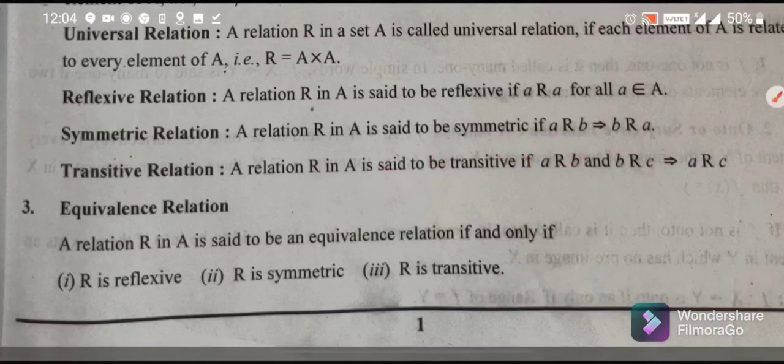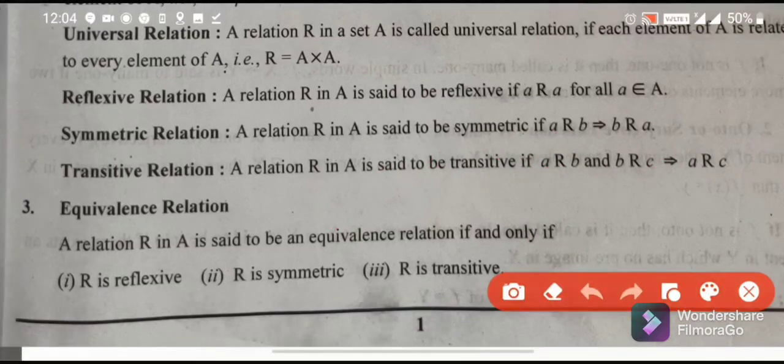And next is equivalence relation, very important. A relation R in A is said to be an equivalence relation if and only if R is reflexive, R is symmetric, and R is transitive. Then it is called equivalence relation.